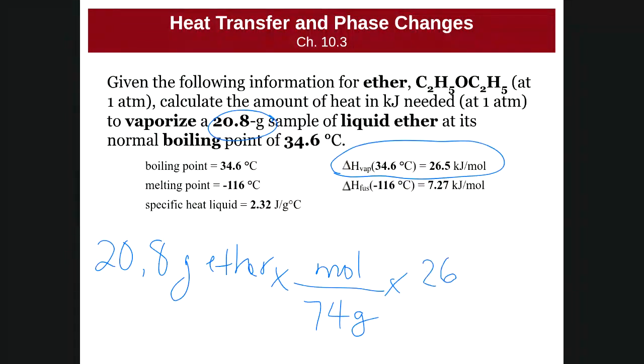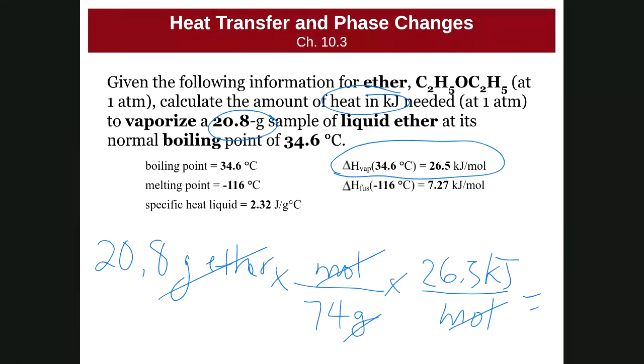26.5 kilojoules per mole. So when we do this dimensional analysis, we're going to cancel out our grams, we're going to cancel out our moles, and our final answer is going to be in kilojoules, which is what the question asks for. So break out my calculator and do 20.8 times 26.5 divided by 74.